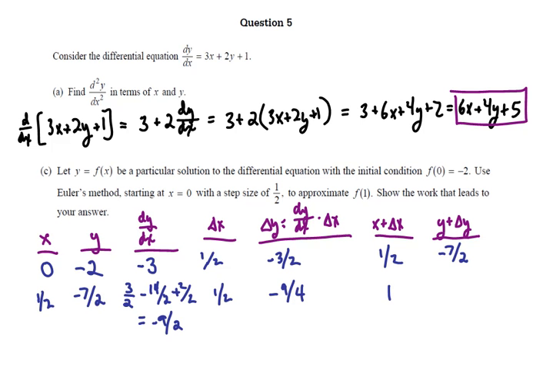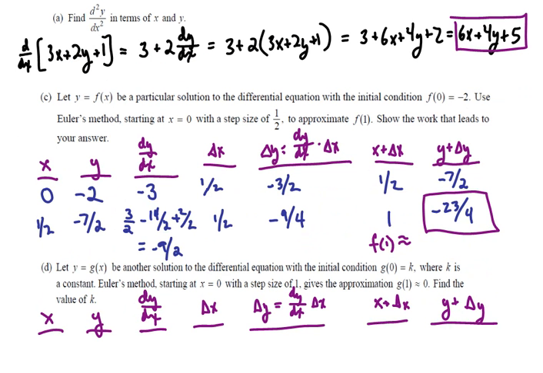Okay, so now we started at negative 7/2, which is negative 14/4, and we're going to subtract 9/4, so we end up with negative 23/4. And so f of 1 is approximately negative 23/4.